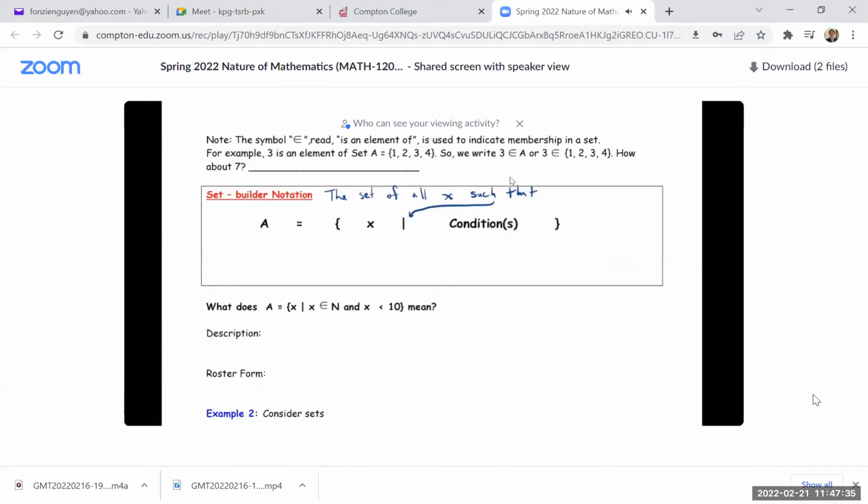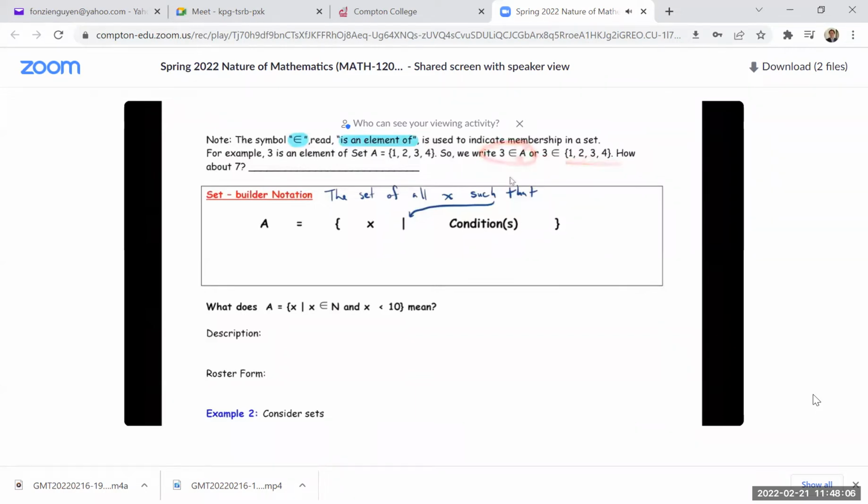So this little e means is an element of. See that little notation? That means is an element of. For example, if you have this set A right here, 1, 2, 3, 4, you could say 3 is an element of set A because it's in there, so therefore it's an element of the set. You could also write the whole set out, but it's easier to write just the A. It's shorter.